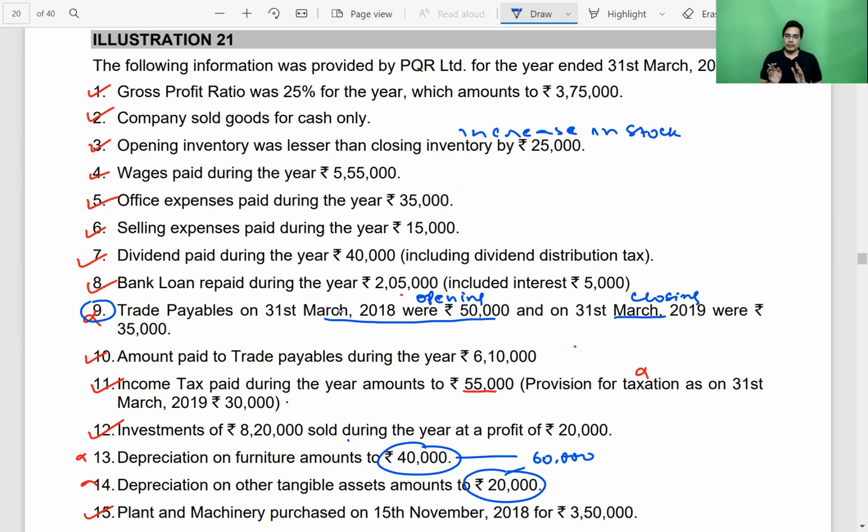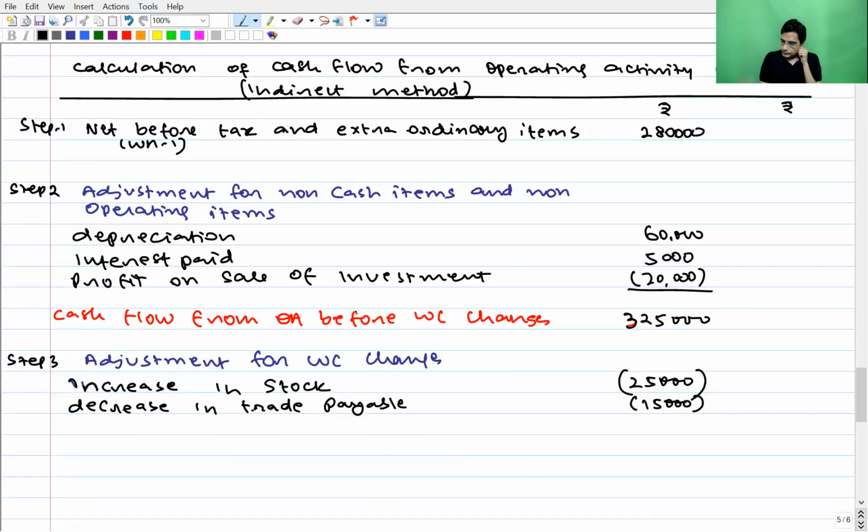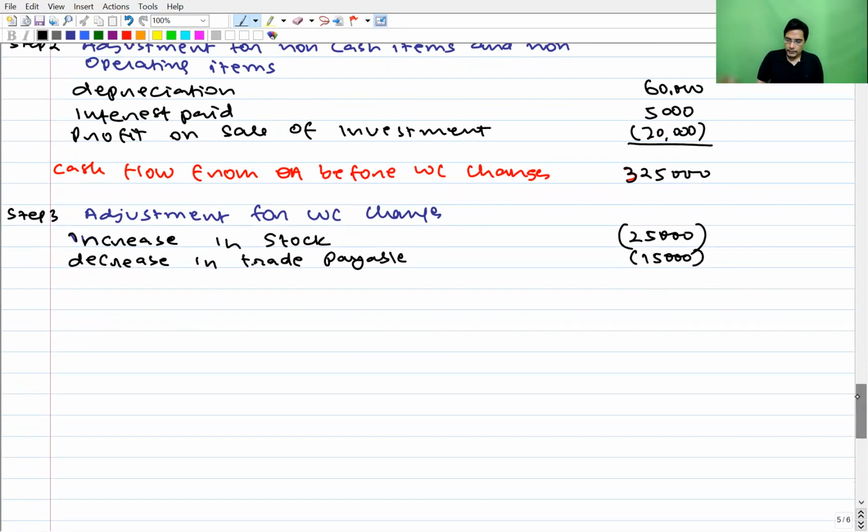There are no other working capital changes items. There is no debtor or prepaid expenses, outstanding expenses, so ignore it. Okay, chartered accountants, we will get cash flow from operating activity, or cash flow from operations before tax.